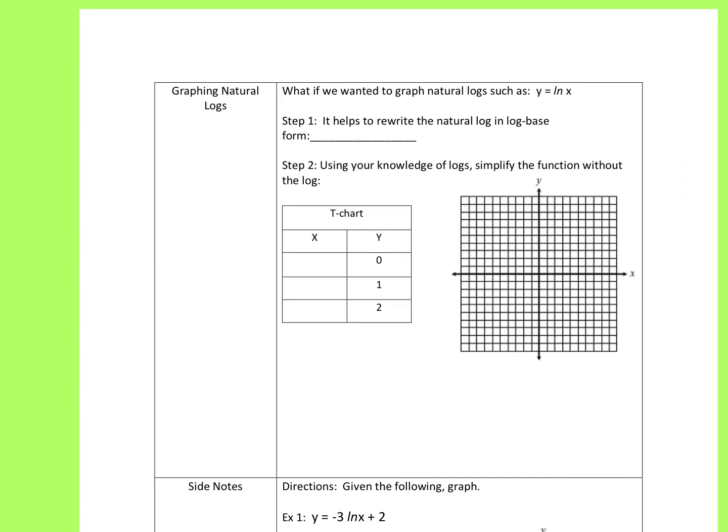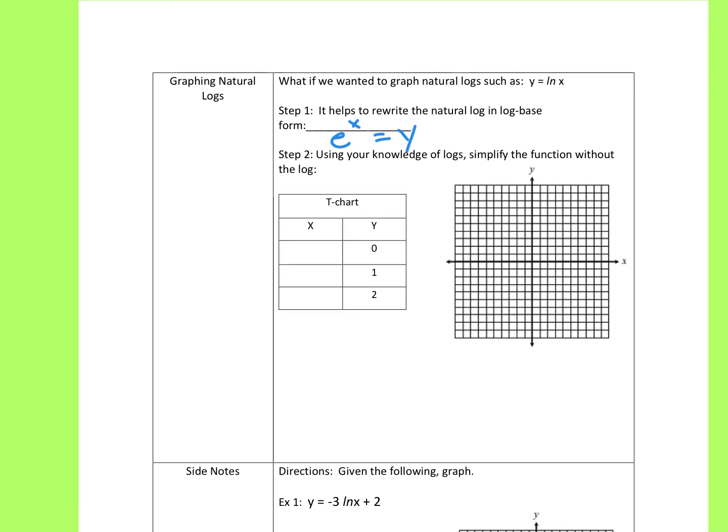It helps to rewrite the natural log in log-base form. So if we have a base for a natural log, what is it? e, right? So e to the x equals y here. If we weren't using a calculator, or if we wanted to go backwards, we could do this, plugging in the y values that we need.